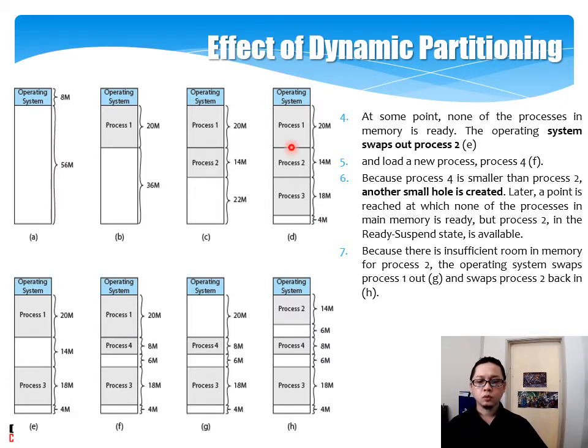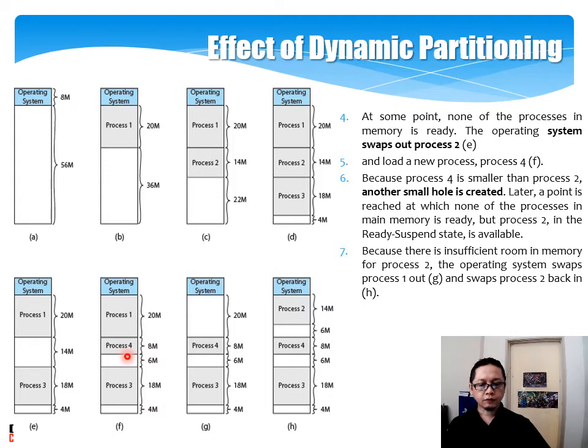One of the inactive processes, or perhaps a process that is blocked, needs to be swapped out. So in this example, process 2 is swapped out, leaving the gap of 14 megabytes of space left by process 2. Then process 4 can come in and use the available block left by process 2. So process 4 is here using the available block of free memory.